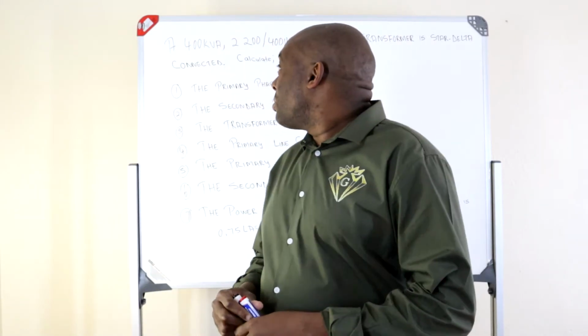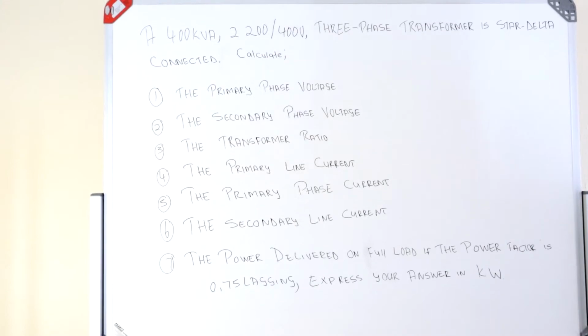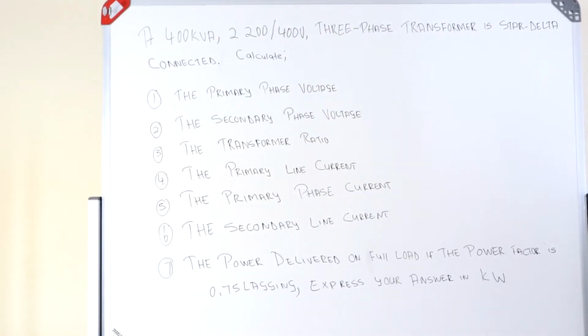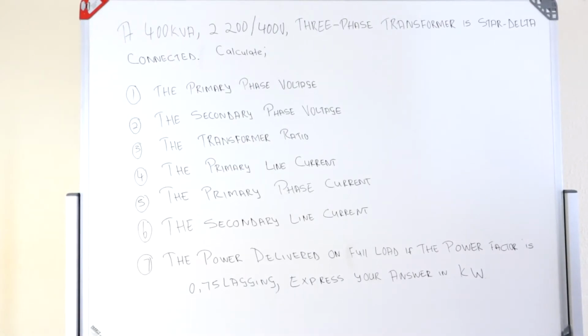Let me read the question on the board. It says that a 400 kVA, 2.2 kV to 400 V three-phase transformer is star-delta connected.